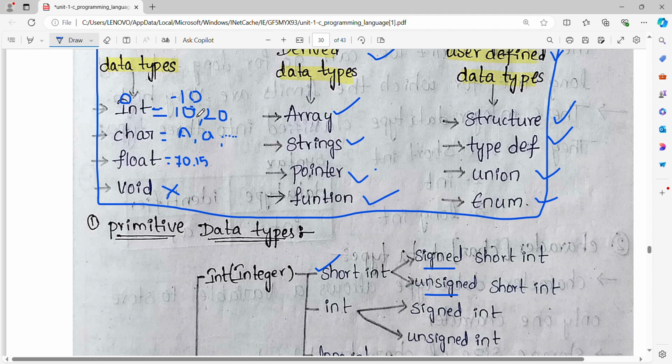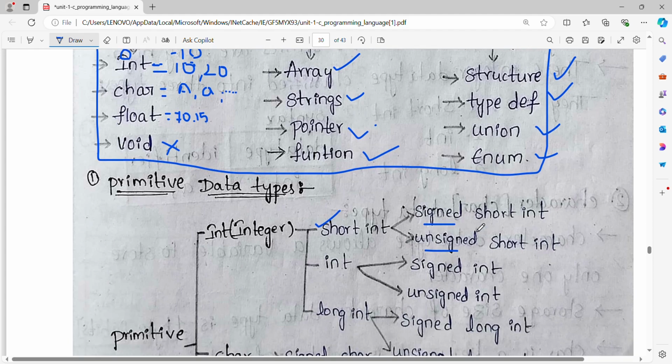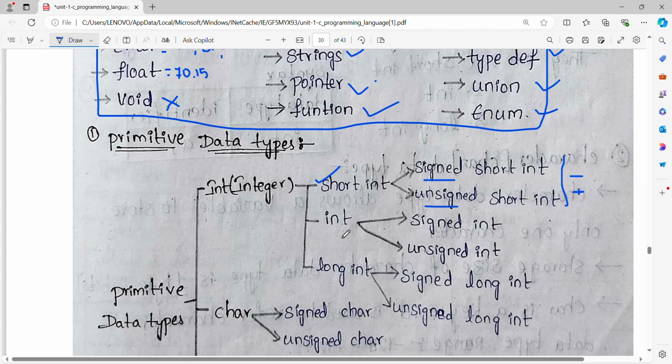These numerical values are called signed and unsigned. This short integer can take negative values or positive values. Clear? Understood? Minus marks, plus marks. Integer is again divided into two types: signed integer and unsigned integer.